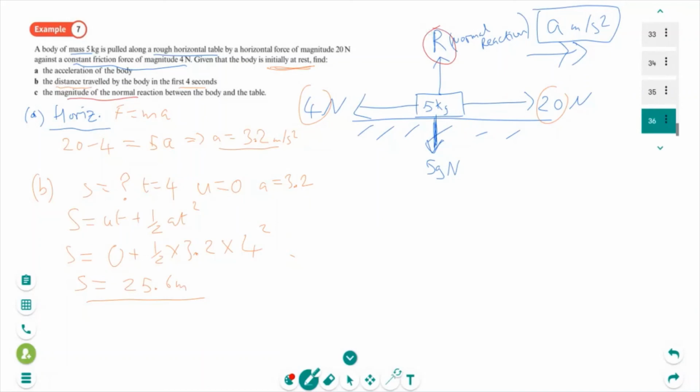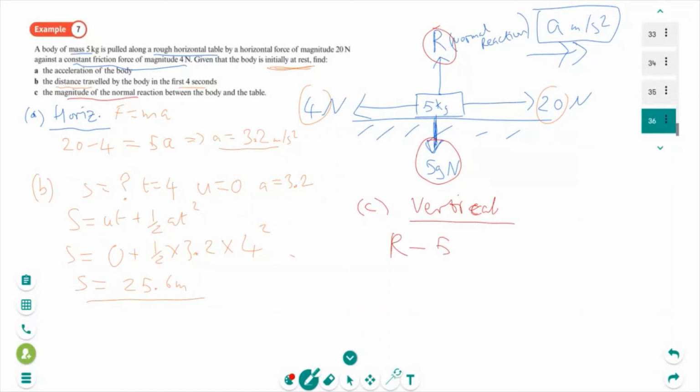So for part C, you think about the vertical forces. So there's two vertical forces, the normal reaction and the weight. Okay, so you can take upwards to be positive. So the resultant force will be R minus 5G.